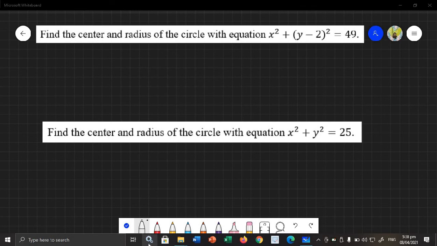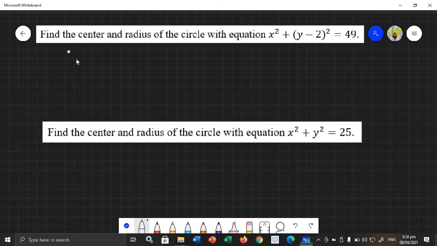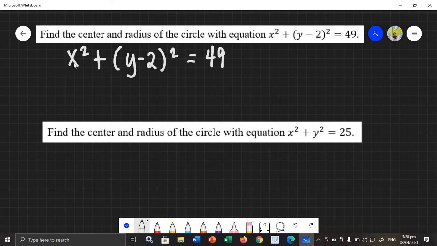Next examples, we will be finding the center and radius of the circle with equation x squared plus quantity y minus 2 squared equals 49. So again, rewrite natin yung equation. And then, dito sa unang term natin sa equation, kung napapansin nyo, sa mga previous na examples natin, meron siyang kasamang isa pang term, di ba? Dito, wala siyang kasama.